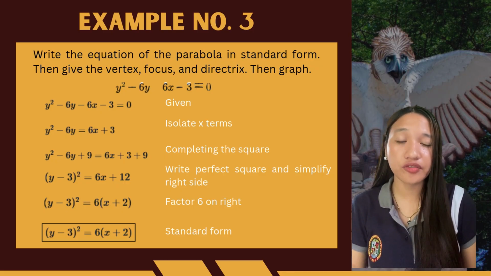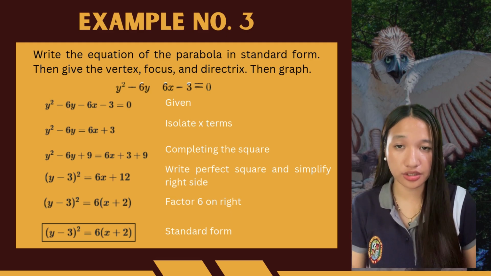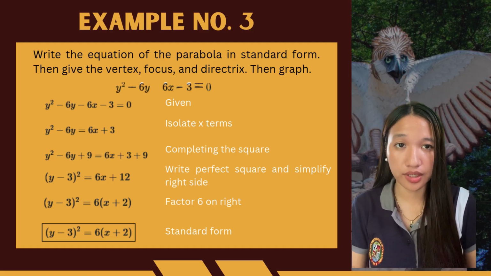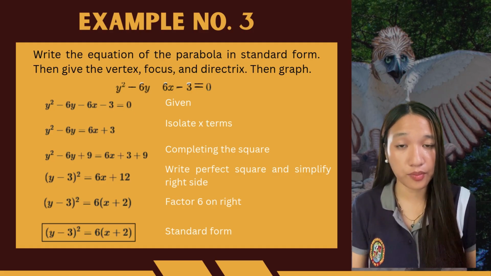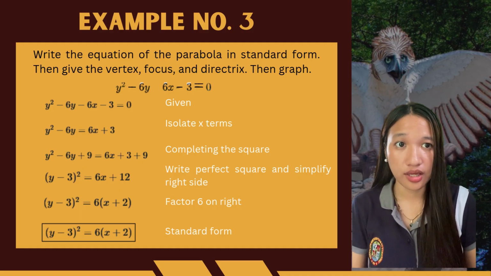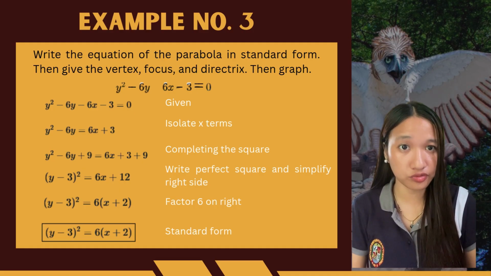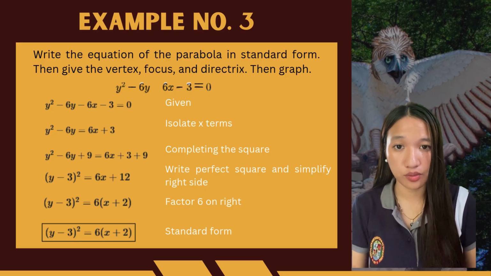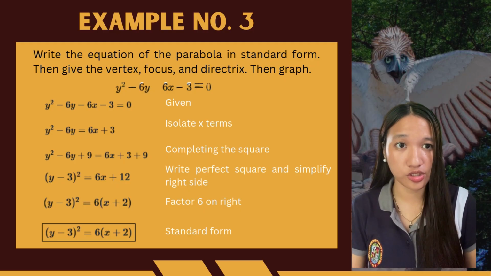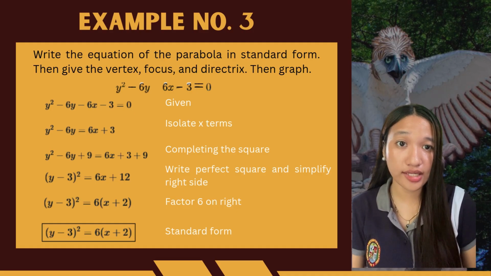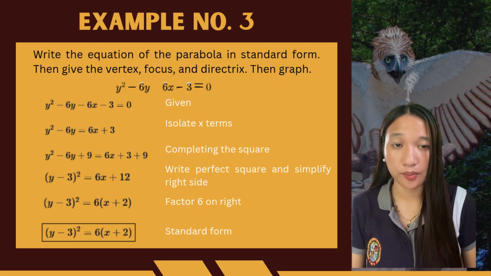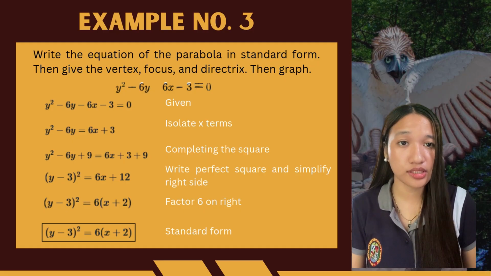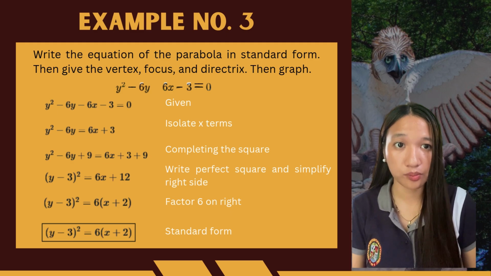We have the example number 3, in which we have to write the equation of the parabola in standard form, then give the vertex, focus, and directrix, then show the graph. Now we have our given y squared minus 6y minus 6x minus 3 is equal to 0, and we have to isolate the x term first. Now we have y squared minus 6y is equal to 6x plus 3. And now let's do the completing the square, and we have y squared minus 6y plus 9 is equal to 6x plus 3 plus 9.